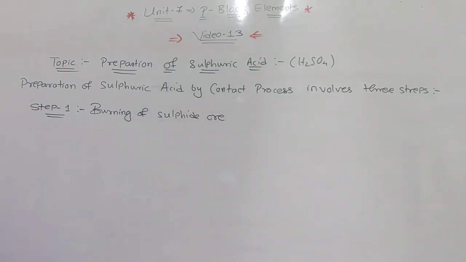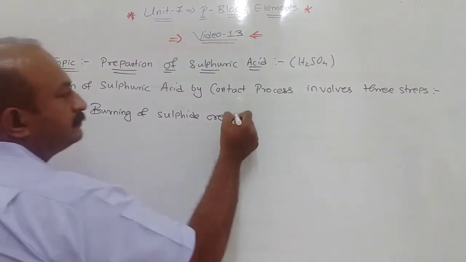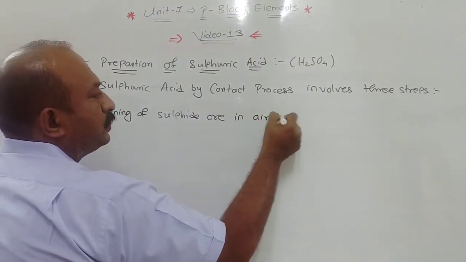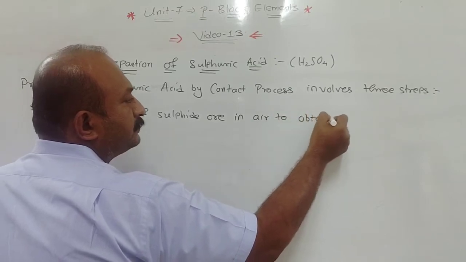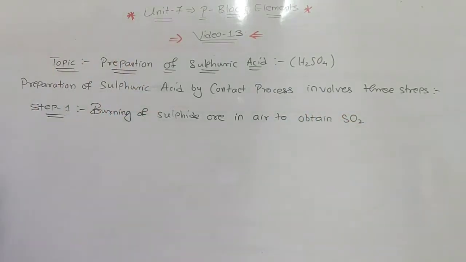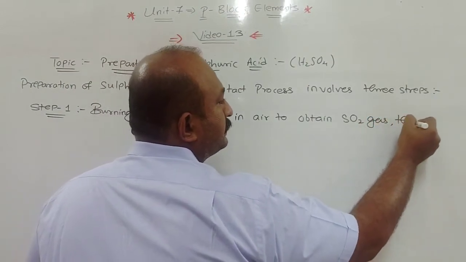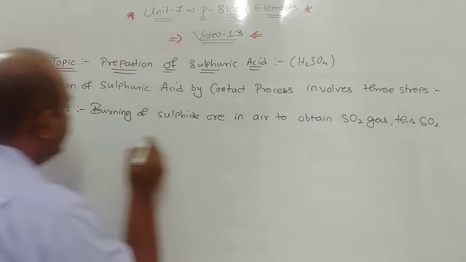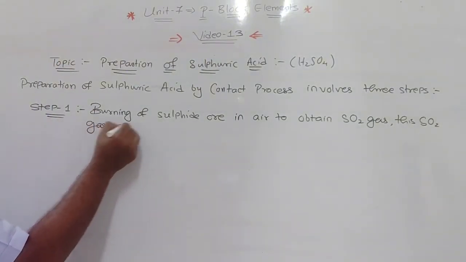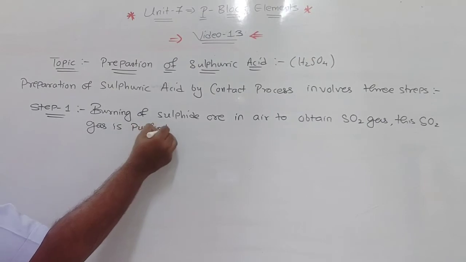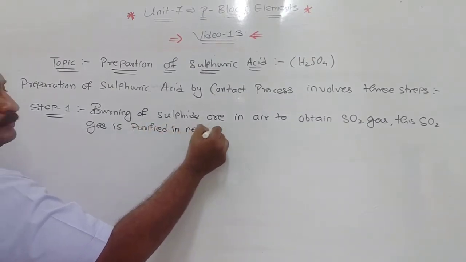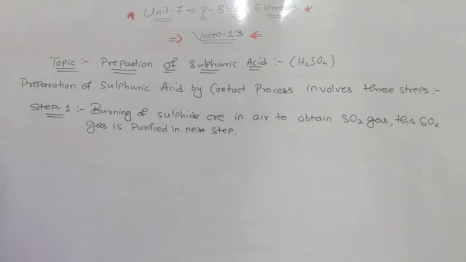The burning of sulfide ore in air to obtain SO2 gas, and this SO2 gas is purified in the next step. Clear? So this is step 1, that is, sulfide ores are burned to give SO2 gas, and this SO2 is purified for the next step.